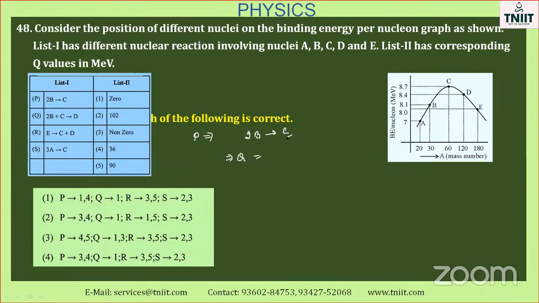Energy released is energy in C. That is 8.7, corresponding mass number is 60. 8.7 into 60 minus, for 2 times of B, for B it is 8.1, 8.1 into 30. So Q is equal to what?